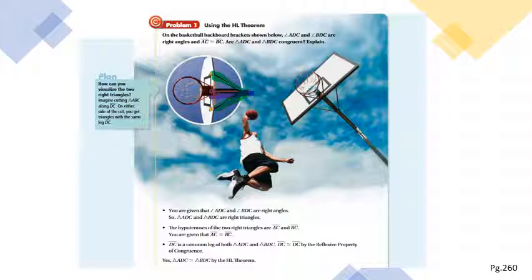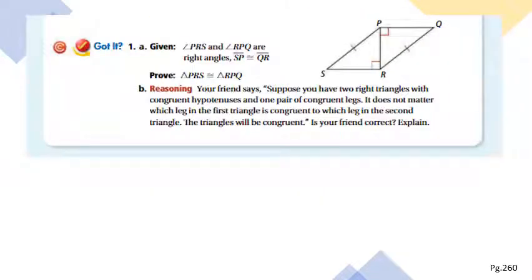So by the first condition, the second condition, and we found the third condition, we can say that the two triangles are congruent. Got it? By what, of course? By the HL theorem.